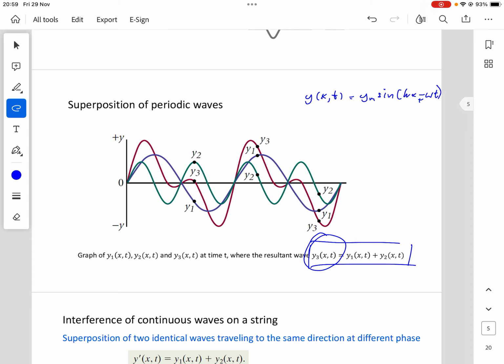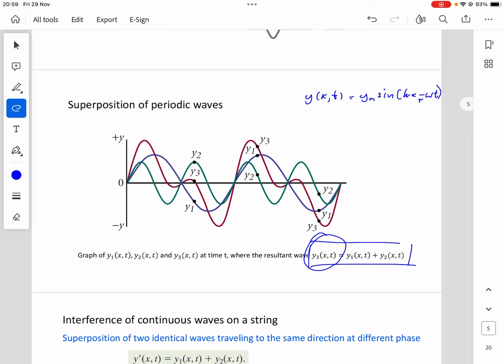They are the same. If you can write the function, you can find the net wave, or the resultant wave, whatever you want to call it. That is the result of the interference of the waves you have.